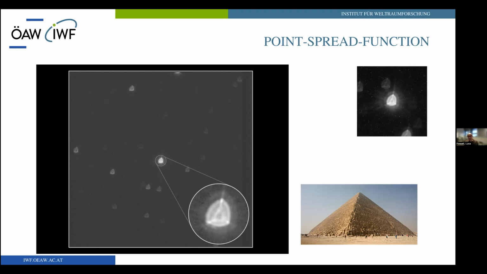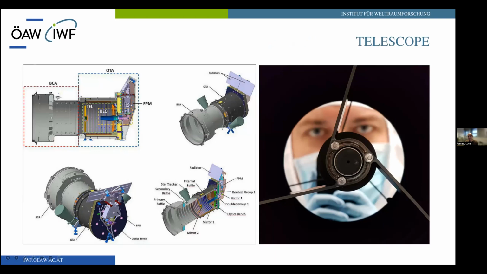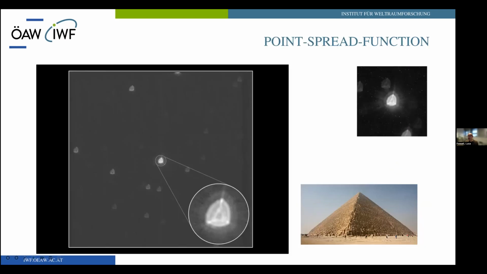So each of those weird images is a star, and the one at the center is our target. You see that the star image has a triangular shape, and the triangular shape comes essentially from the three arms that hold the secondary mirror. And then you see here at the top, I hope you can see it well, this is a zoom in.